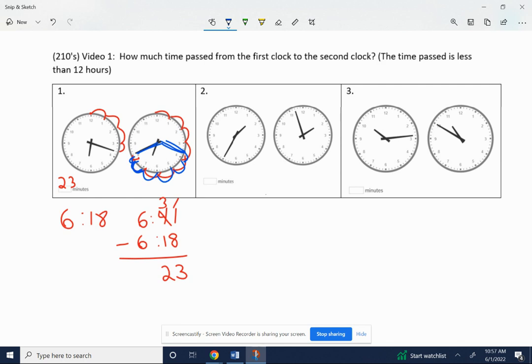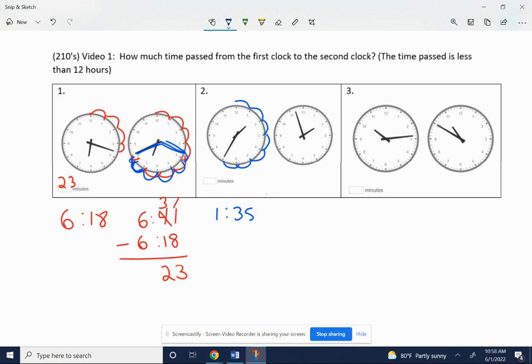Okay, problem 2. Both of our hands are past 1, so they're both representing 1 something. For this first clock, 1 o'clock, and then an extra 5, 10, 15, 20, 25, 30, 35 minutes. That first clock is 1:35.